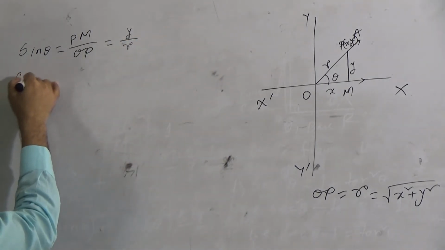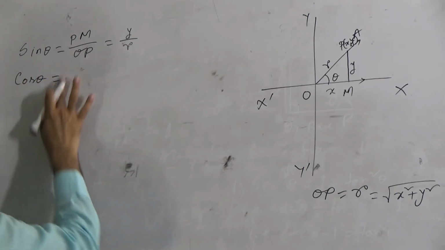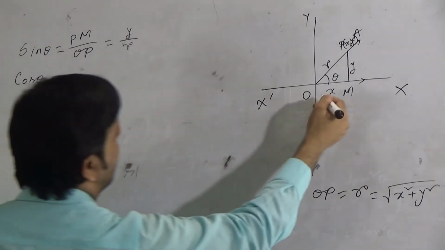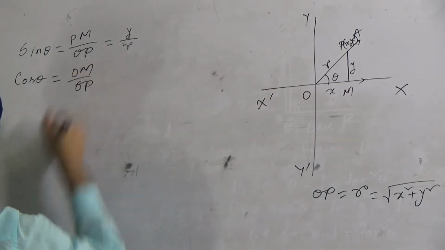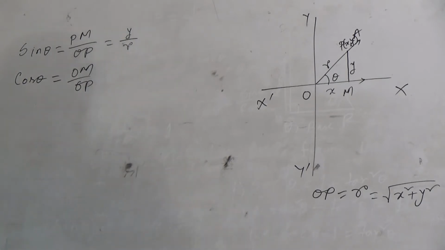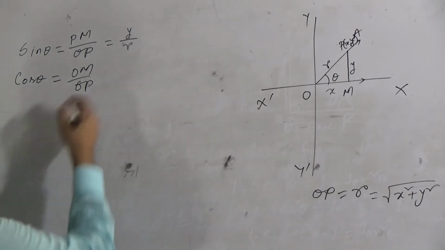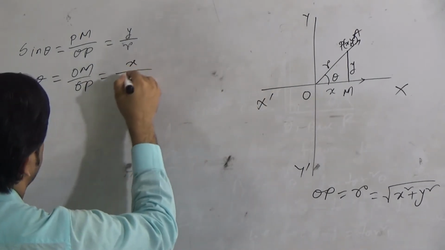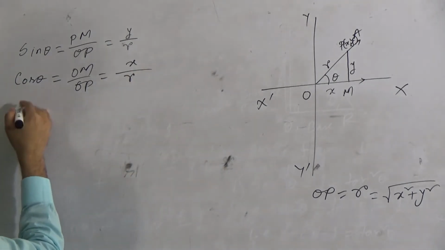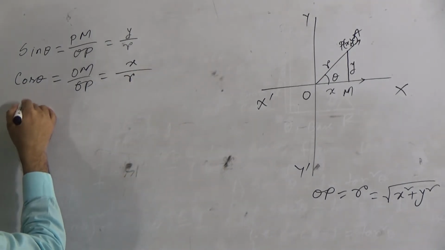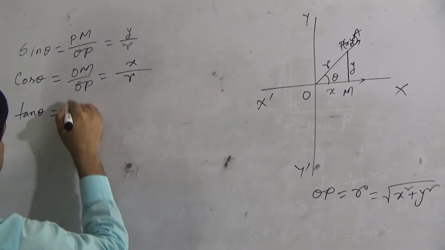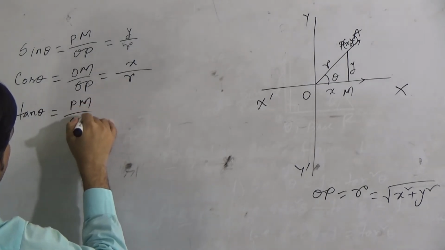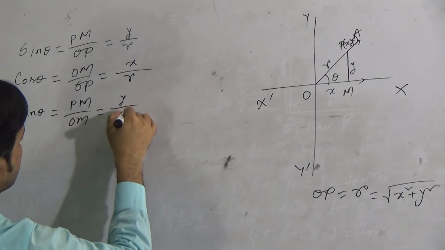Cos theta will be equal to OM by OP, and OM means x here, so x by r. Now tan theta equal to PM by OM, that is equal to y by x.